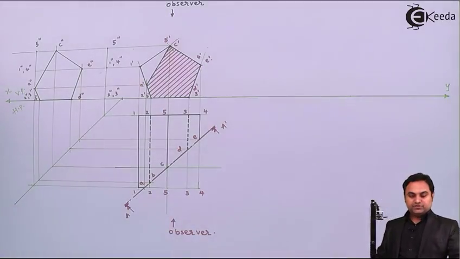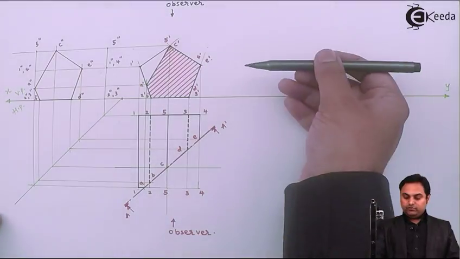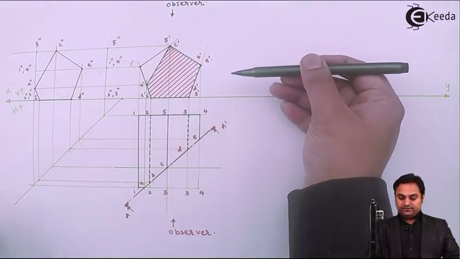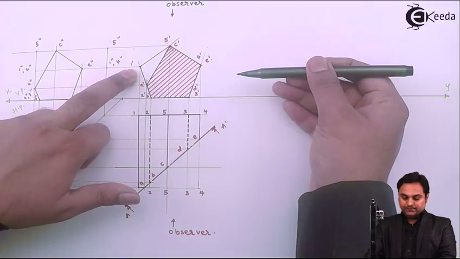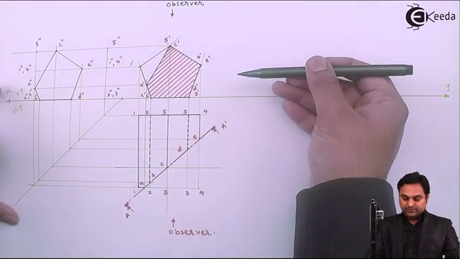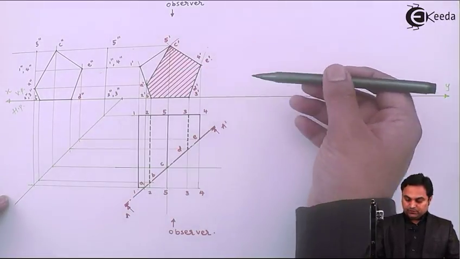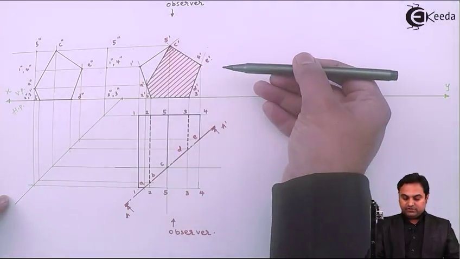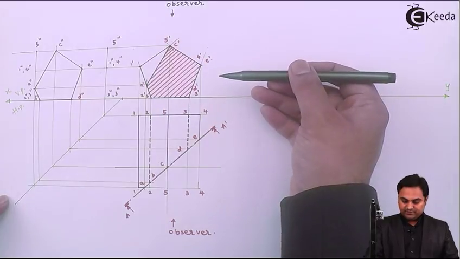So this much portion is visible. Next, when we are looking as an observer onto the right hand side, the edge or point 1 dash is going away from the observer, and then again I can say that the 1 double dash which is close to the observer, that is visible.